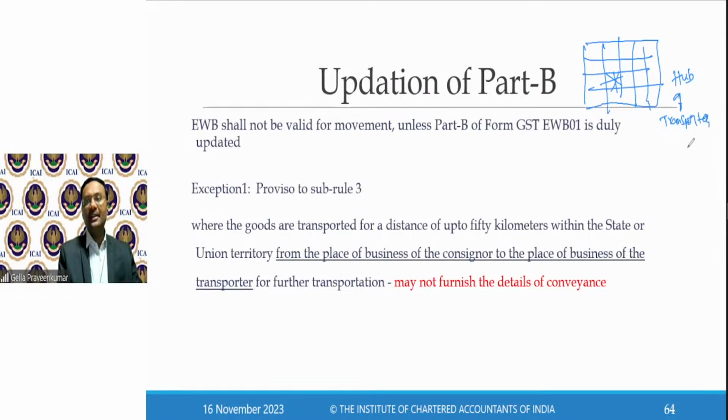What happens here? All the goods from individual factories will be pooled here in this particular hub before transportation. Once the material is pooled here, from here I actually move to the destination.